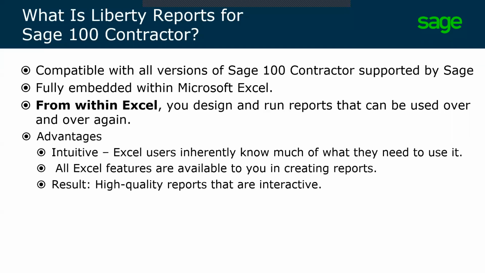So you don't have to keep going through that cycle of pushing and then doing all that connectivity. So you're going to get a better experience. There are going to be other advantages to this technology over our legacy report designing technology. That technology was designed quite a while ago, and specifically for Sage 100 Contractor.